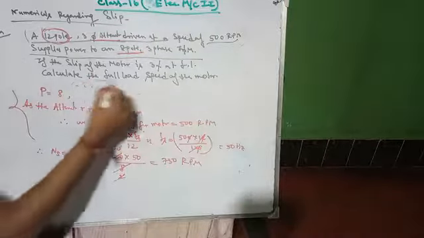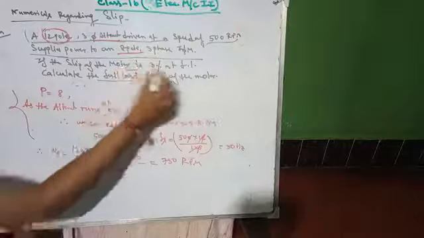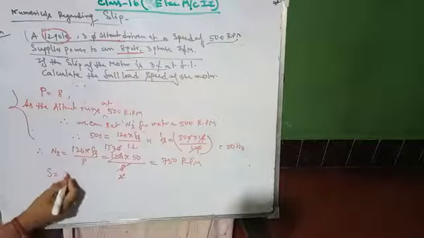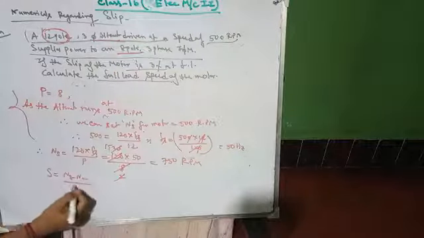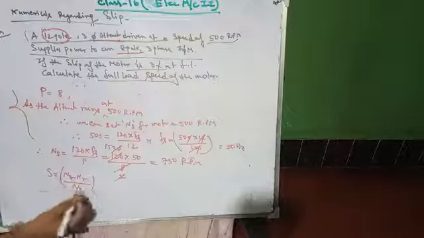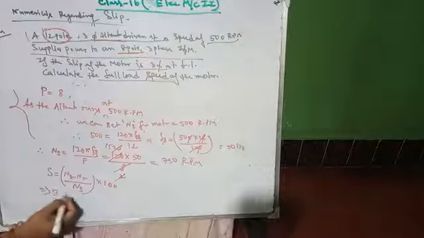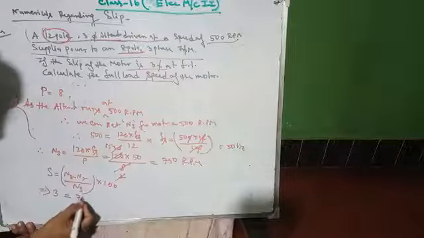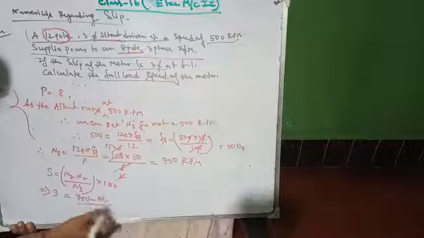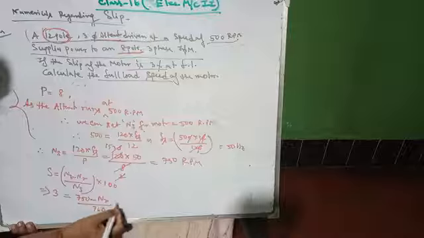So now calculate the full load speed when the slip is 3%. So S equals (Ns minus Nr) by Ns, right? Slip equals 3%, so multiplied by 100 because it is given in percentage. So 3 equals (750 minus Nr) by 750 into 100.